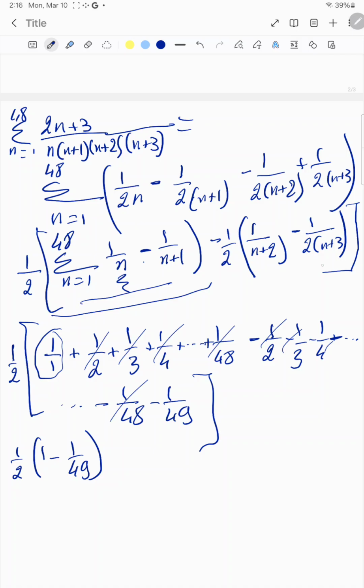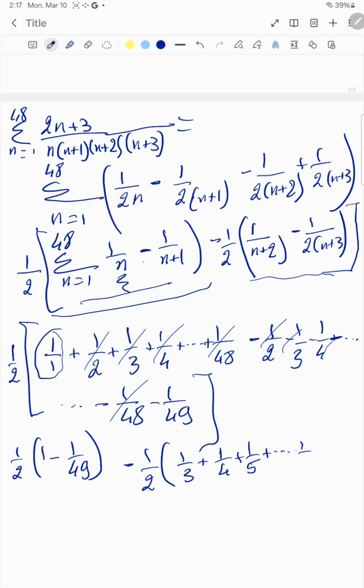If I take the sum between 1 and 48 of this, I will put minus 1/2 here. And the first term is n plus 2. So when n is equal to 1, I will have 1/3 here, plus 1 divided by 4, plus 1 divided by 5, up to plus 1 divided by n plus 2.